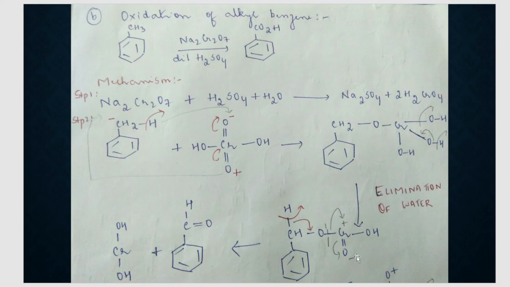So oxygen gets a minus charge. So what charge will chromium get? A plus charge. That is why chromium has a plus charge over here, not over here. See here, it won't get any charge because one bond is leaving and a new bond is forming. So no charge formation takes place on chromium. Here it gets a plus charge because there's a pi bond shift on oxygen. So chromium is getting a plus charge.